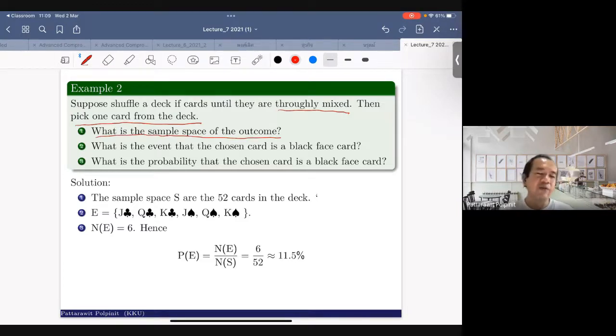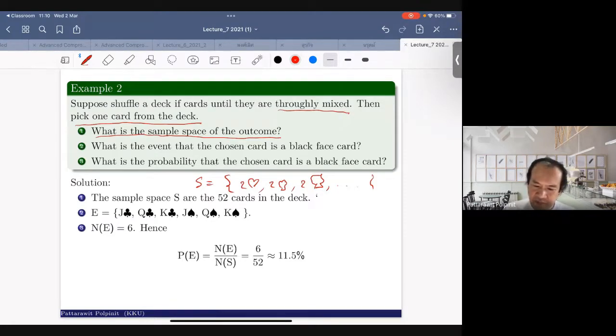Because we pick 1 card and we have 52 cards, the sample space S would be something like 2 of hearts, 2 of spades, and so on. So the sample space is 52 cards, and then the event that we are interested in.